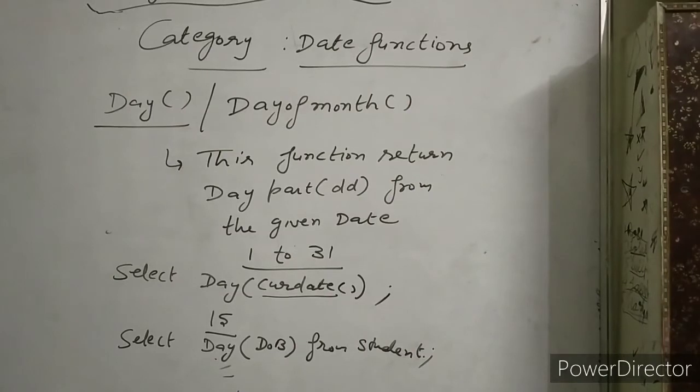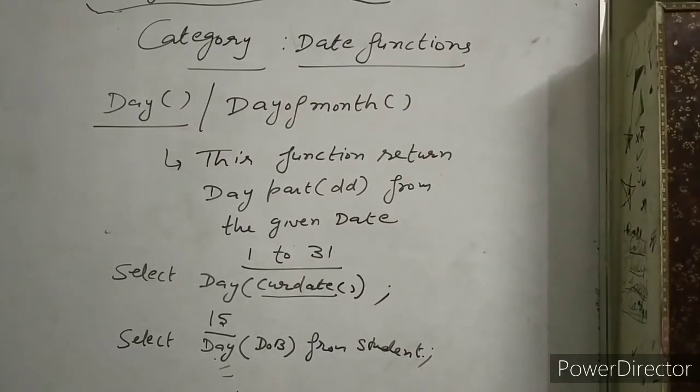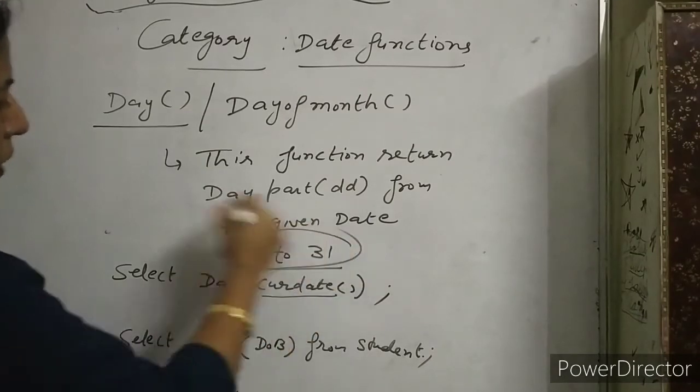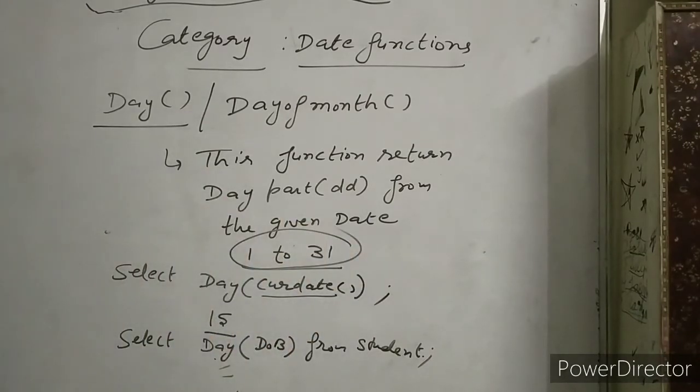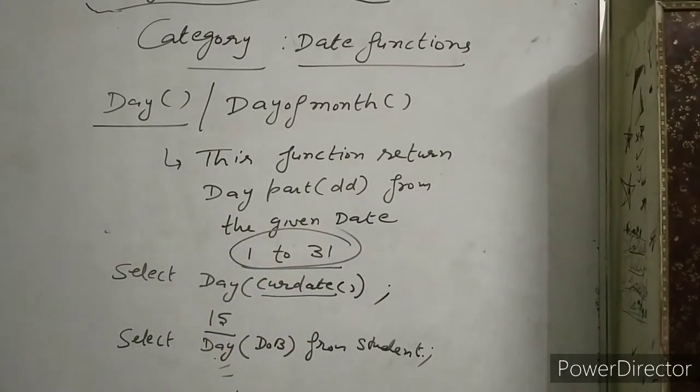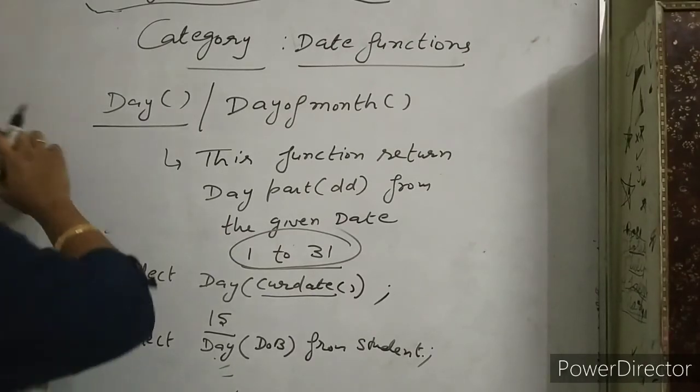Day function returns the numeric output. Year function also returns the numeric output. And you should know the range also. Day function can return a number between 1 to 31, because in a month the maximum days are 31.